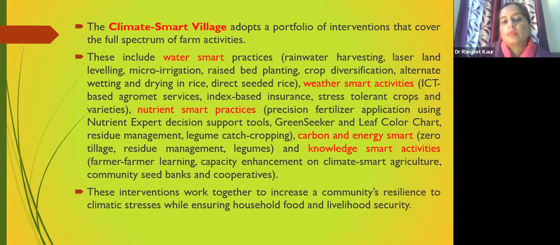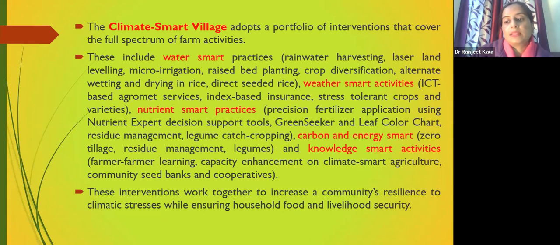So this includes water smart practices. They are teaching rainwater harvesting, laser land leveling, micro irrigation, raised bed planting, crop diversification, alternate wetting and drying in rice, and direct seeded rice. Then weather smart activities, which include index-based insurance, stress tolerant crops and varieties, and agromet services. Then nutrient smart practices: precision fertilizer application using the Nutrient Expert decision support tool, leaf color chart, legume catch cropping.